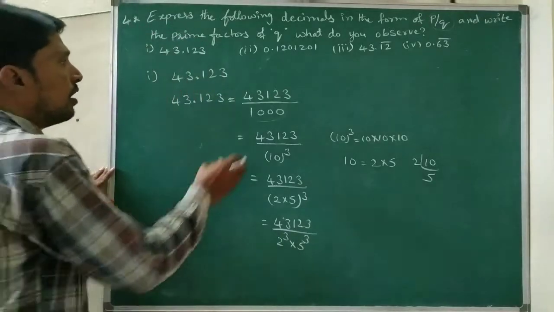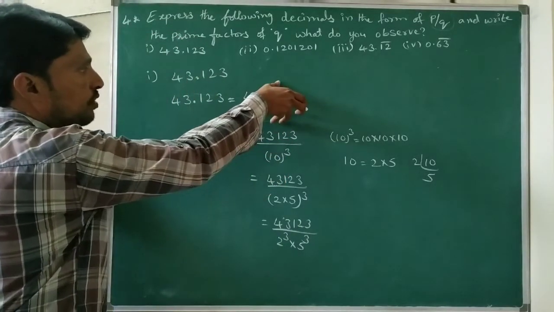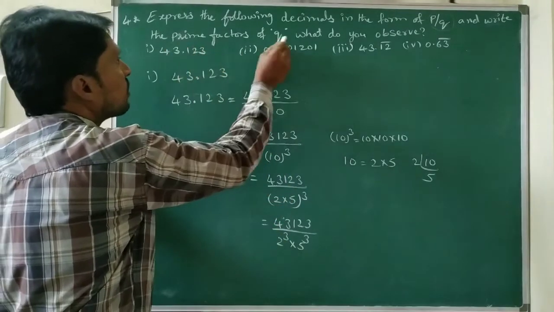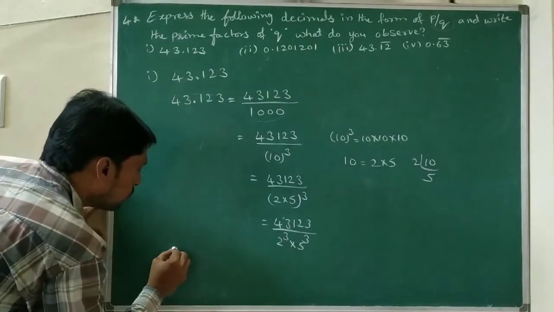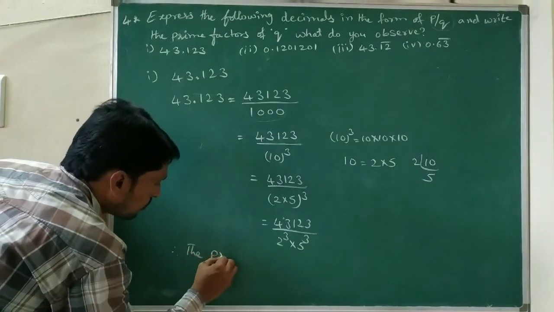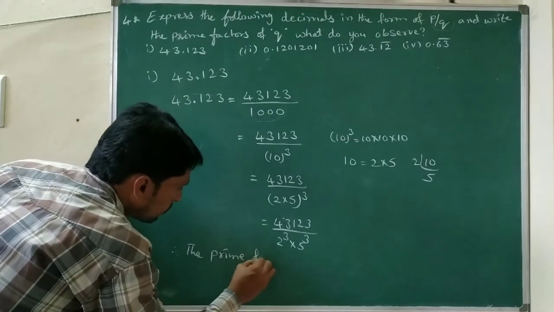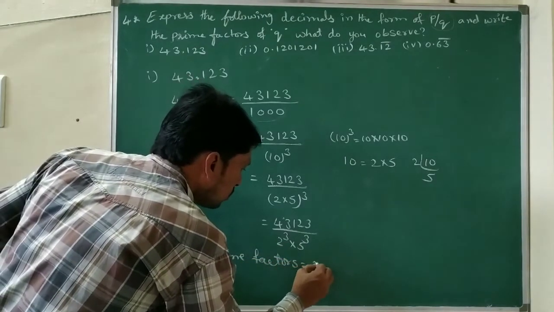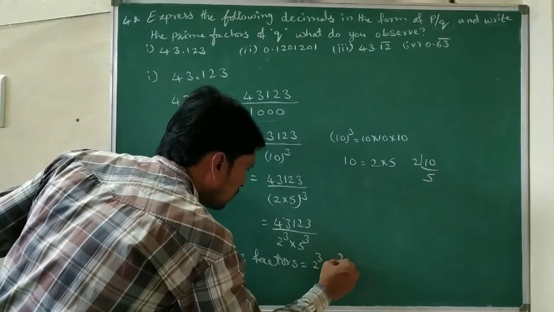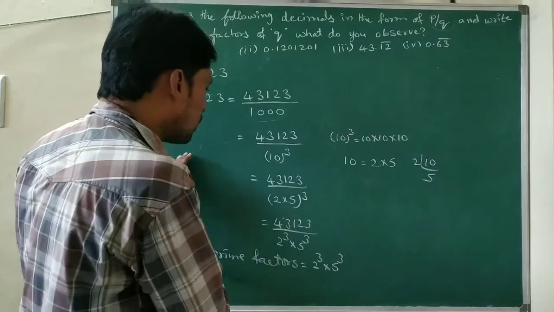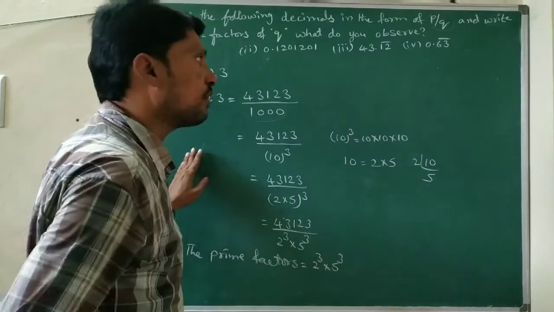So here we have written the P by Q form. After that, the prime factors of Q are also asked, where Q means the denominator. The prime factors of Q equal 2 cube into 5 cube.